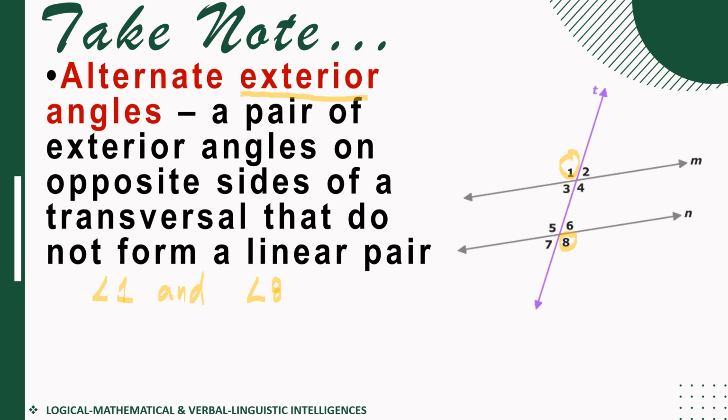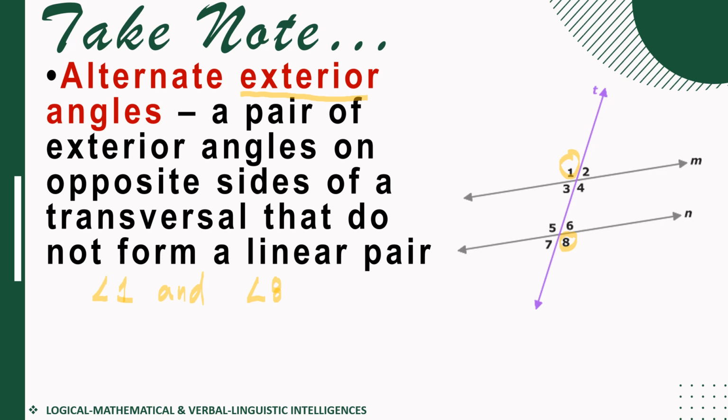Okay, maybe you have a question in mind. How about angle 1 and angle 2? We cannot consider this as alternate exterior angles because by definition, the pair of angles should not form a linear pair. If we consider 1 and 2, they are linear pairs, so that contradicts the definition of alternate exterior angles.